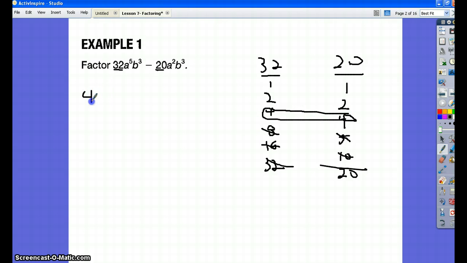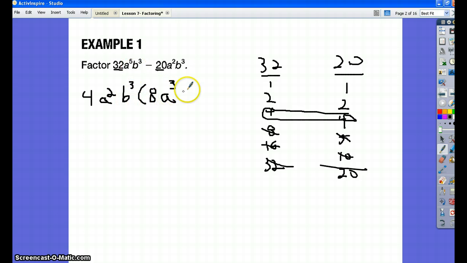So we're going to use a 4. And then what else? A to the 5th and a to the 2nd. So a to the 2nd is the highest one they both have in common. And b to the 3rd. They both have a b to the 3rd. So 4 goes into 32 8 times. A squared goes into a to the 5th once, and there's 3 a's left over, so it'd be a cubed.